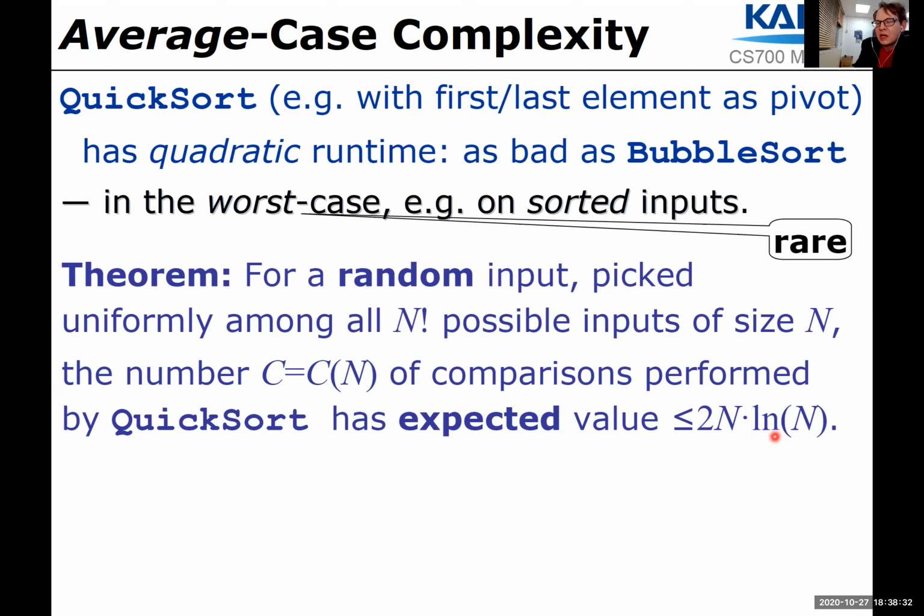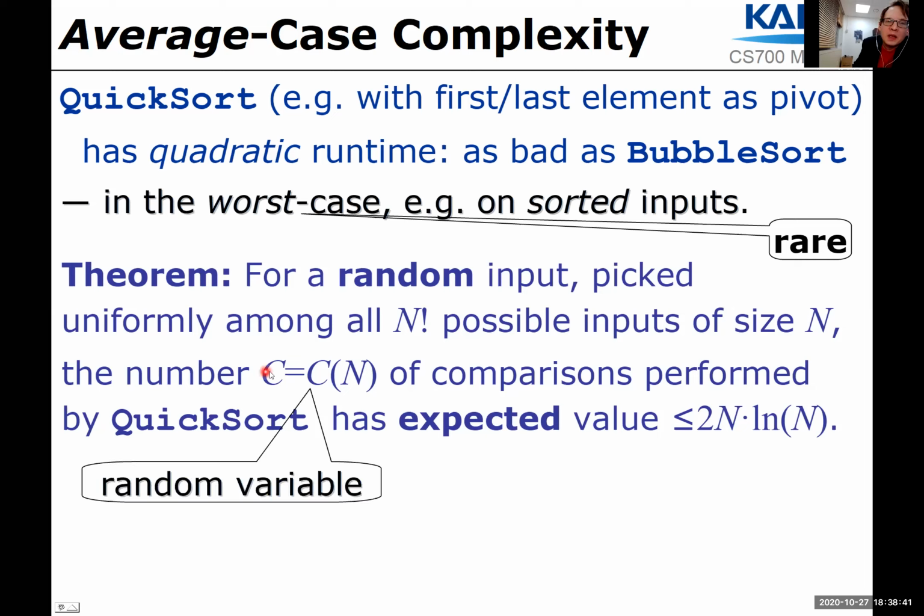running time n log n, which we know is optimal, but here it's only attained in expected value because since we're talking about random inputs, the number of operations, the running time of quicksort is a random variable. It depends not just on the input size n, but also on which input permutation is presented to process.